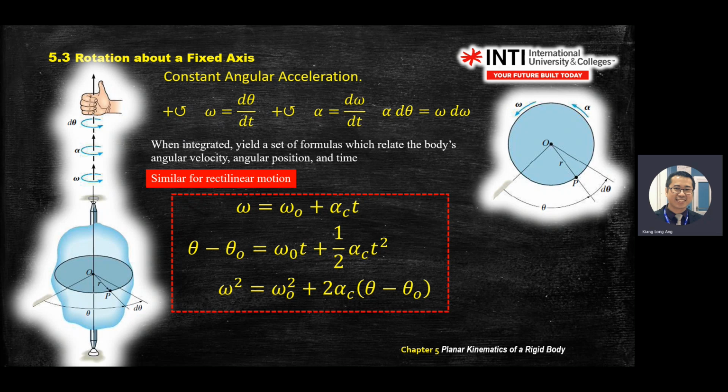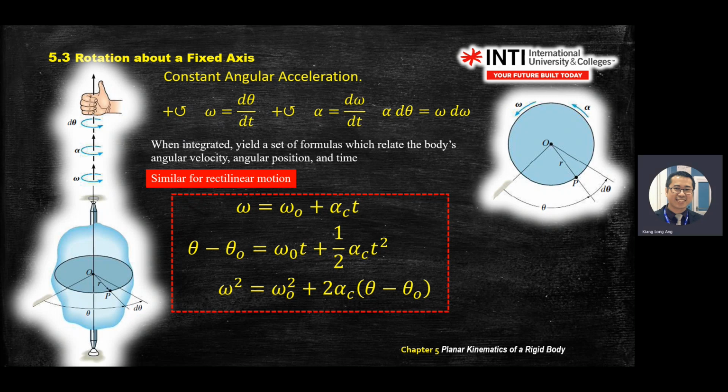There's a difference between acceleration and angular acceleration. There's a difference between velocity and angular velocity. In your answer, you don't give angular velocity. Since these two have a similar pattern, we will link this side to this side.